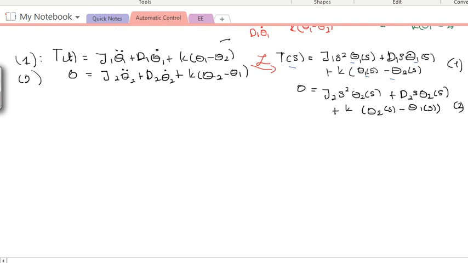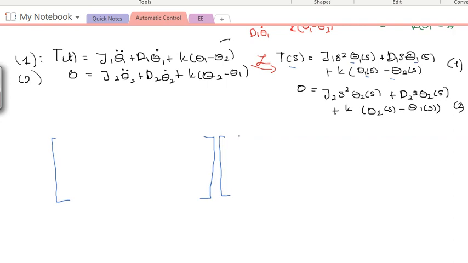There will be a coefficient matrix in the first place, and then a column matrix that represents your unknowns, theta 1 and theta 2. On the other side of the equation you have the solution: in the first equation it's T(s), and in the second equation it's 0.